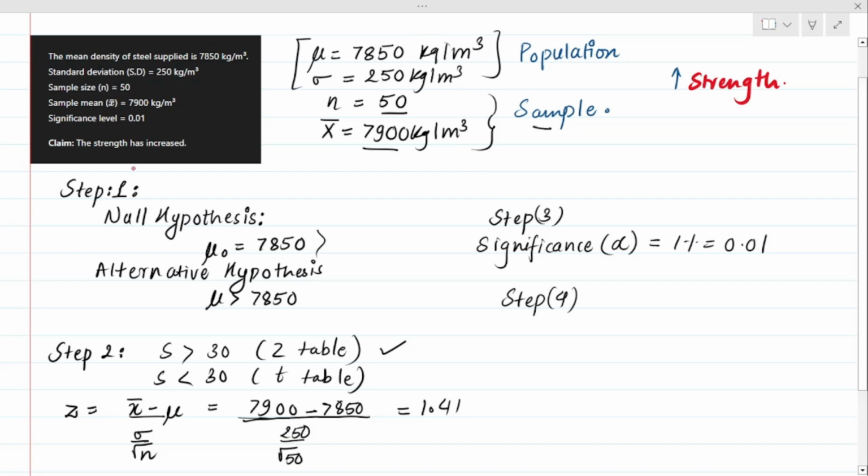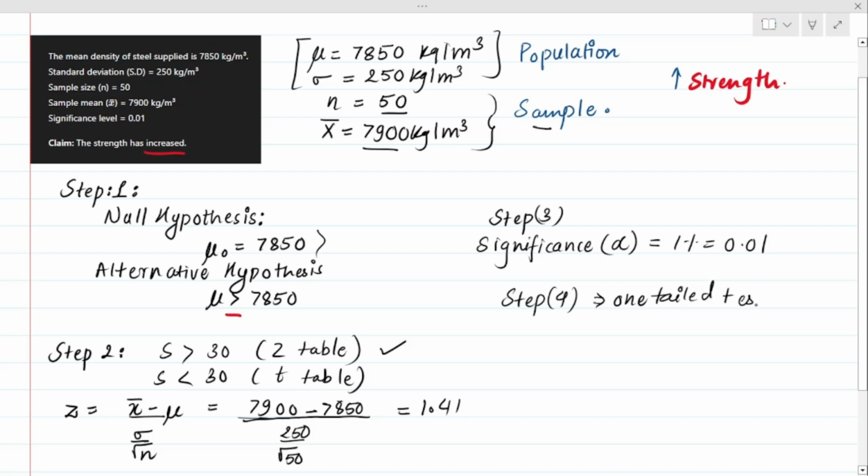If the problem states something like increased or decreased, if your alternative hypothesis has a condition of increase or decrease, then it should be done with a one-tailed test.